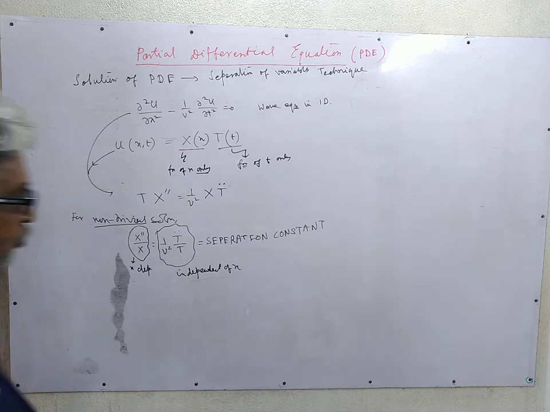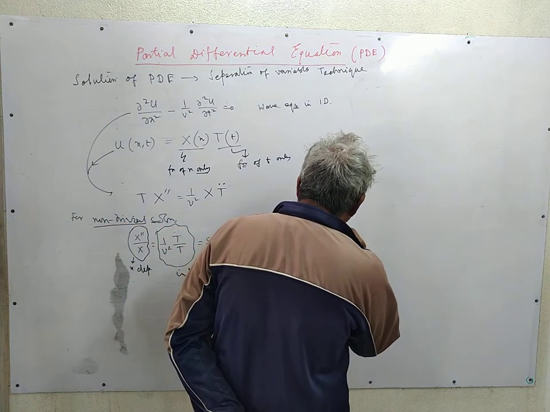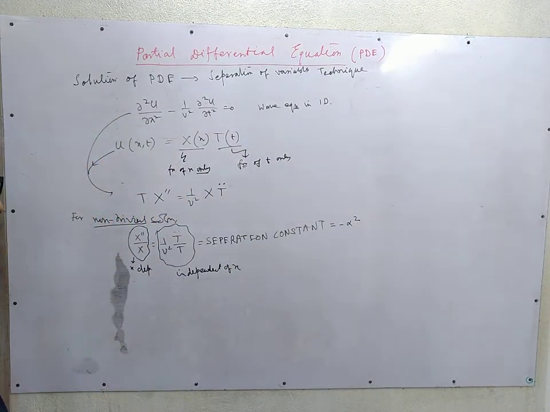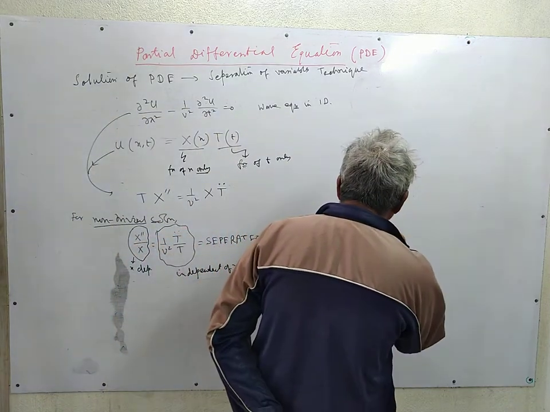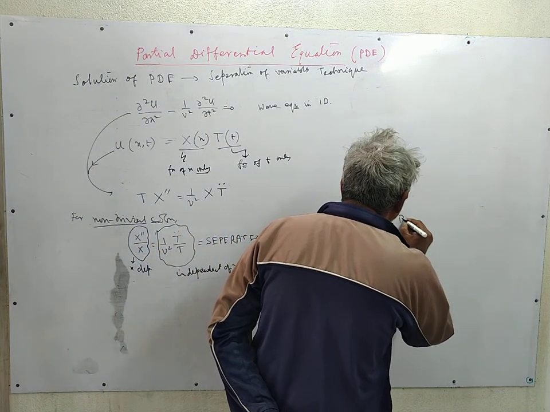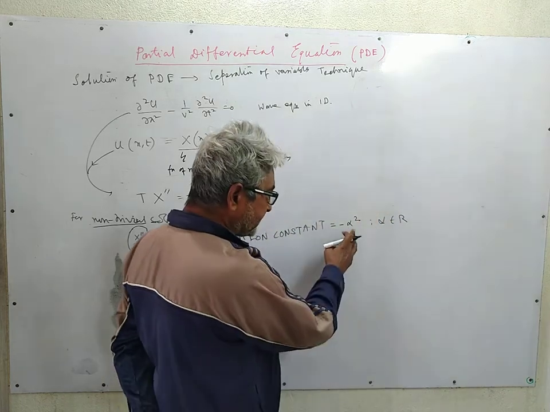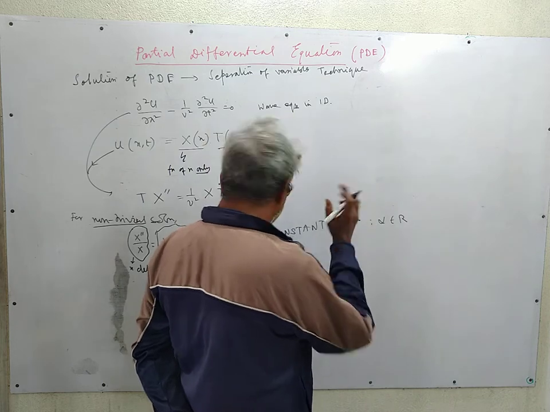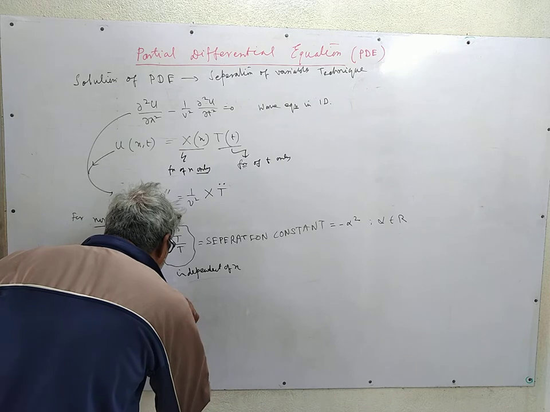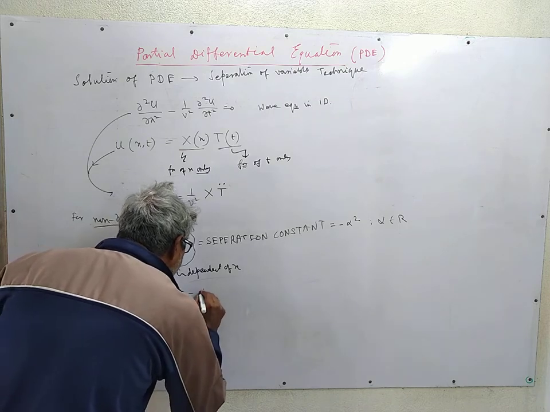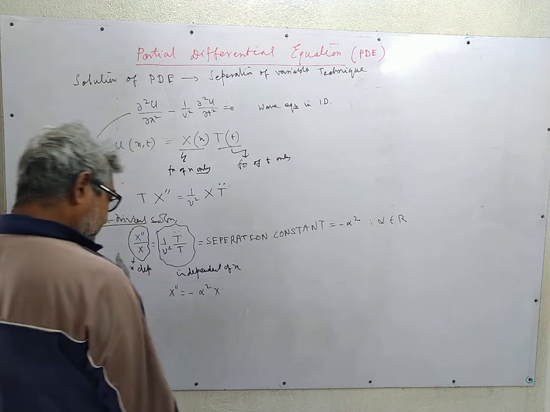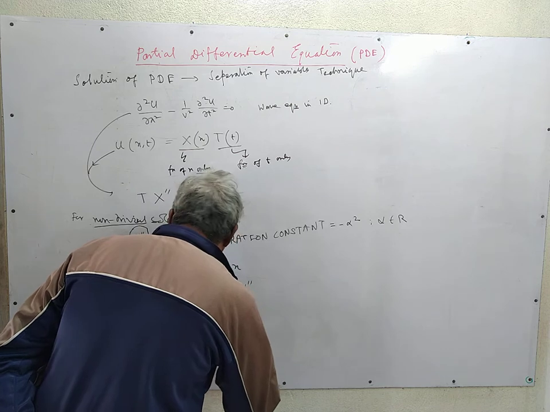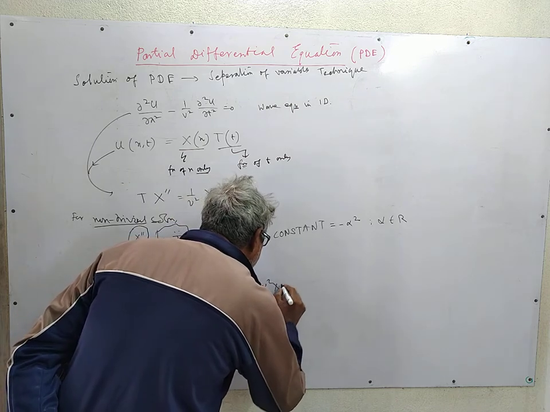The nature of the separation constant is very important. Let us choose this separation constant to be minus alpha square, where alpha is a real quantity. If alpha is real, then alpha square is positive and overall the separation constant has been taken to be negative. If we choose this, then we have X double dot minus alpha square X is equal to this, which leads to X double prime plus alpha square X is equal to 0.